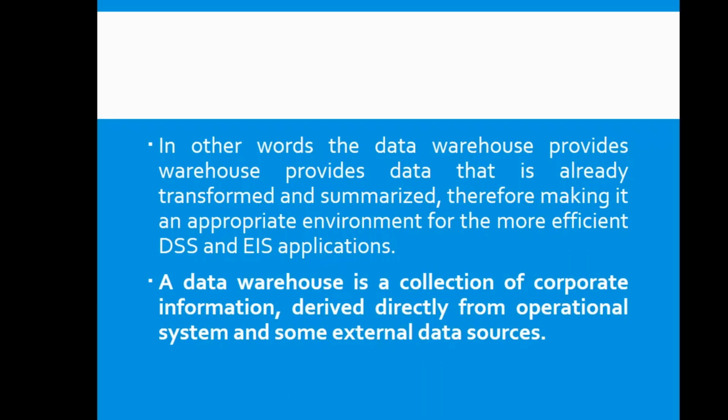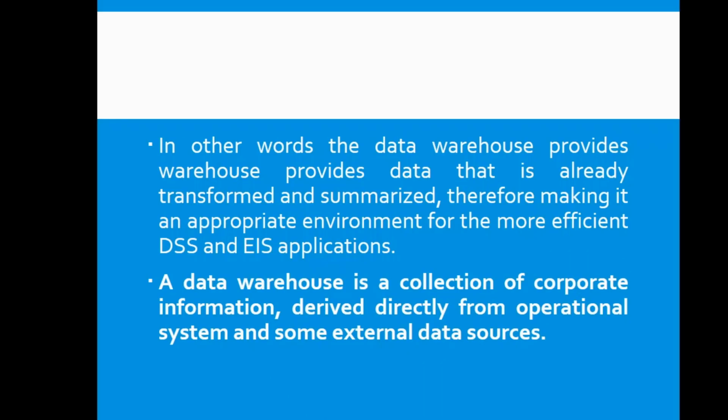Remember that a data warehouse is an environment, not a product. Like Oracle is a product, Sybase is a product, IBM DB2 is a product, Microsoft Access is a product, SQL Server Database is a product, but a data warehouse is an environment for the more efficient DSS and EIS applications. Here DSS stands for Decision Support Systems and EIS stands for Executive Information System, which are tools used by the top management, the top level of information management.